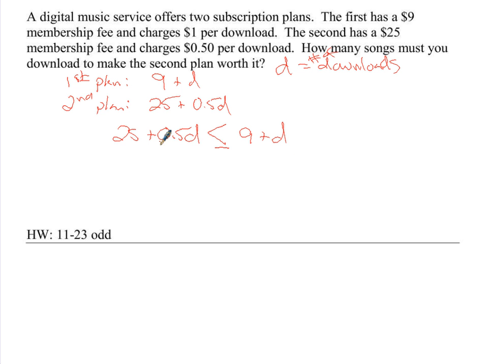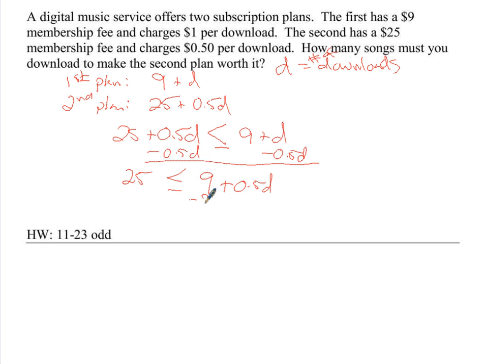I'm going to subtract 0.5D from both sides. We have 25 less than or equal to 9 plus 0.5D. You could switch that to a fraction. In fact, I would have already, but if you don't, that's okay. That would be what fraction? 1/2. 1/2 is easier to work with than 0.5.